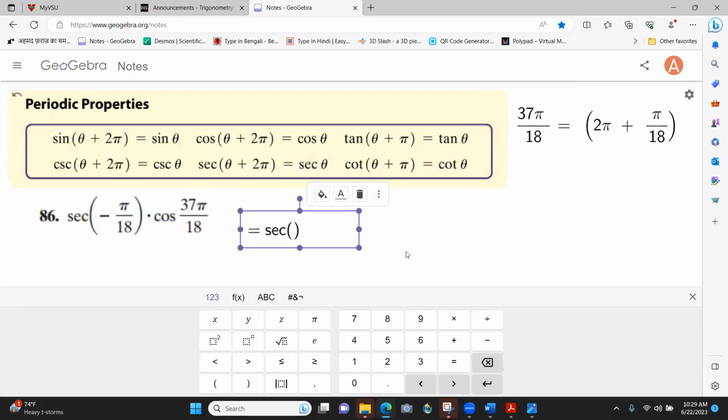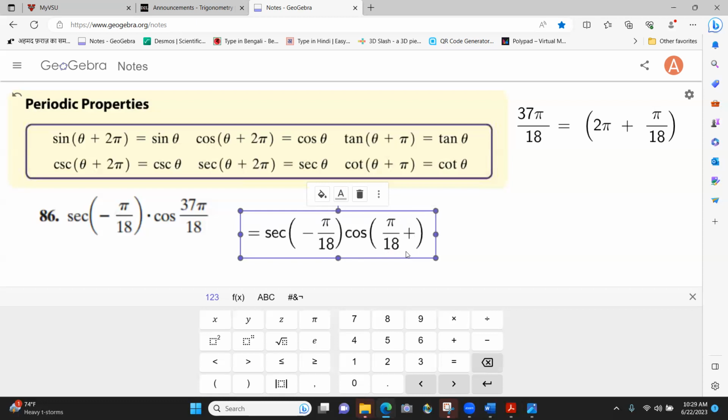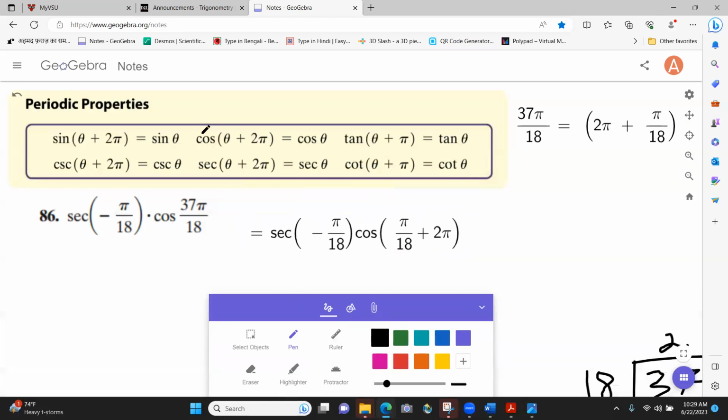Secant of pi over 18 minus, now instead of cosine of 37 pi over 18, I'm going to write cosine of pi over 18 plus 2 pi. Guess what? 2 pi is the period, right? And when you have that inside, you can pretty much ignore it. If this is 2 pi, it's going to repeat. You can just write cosine theta.